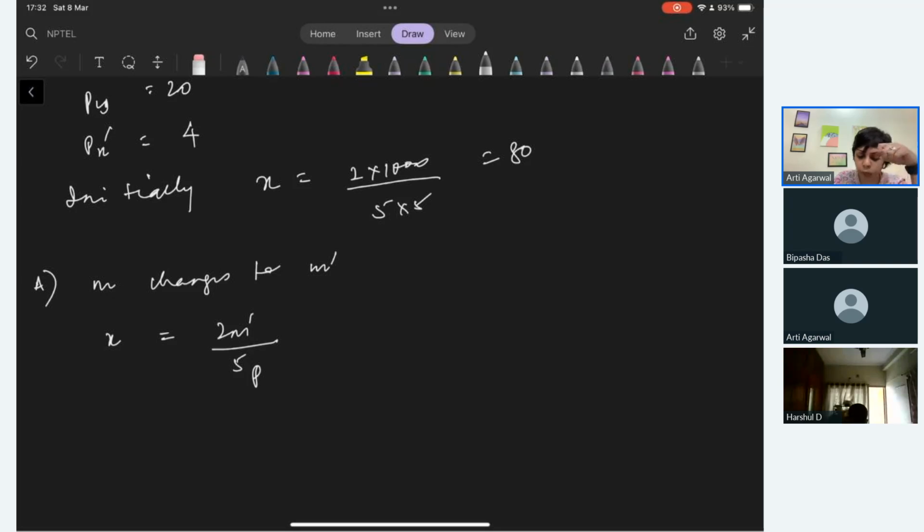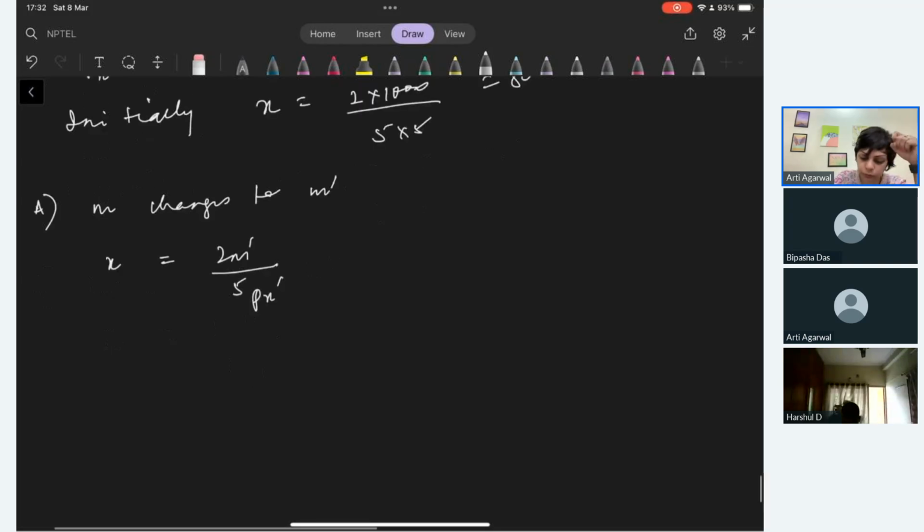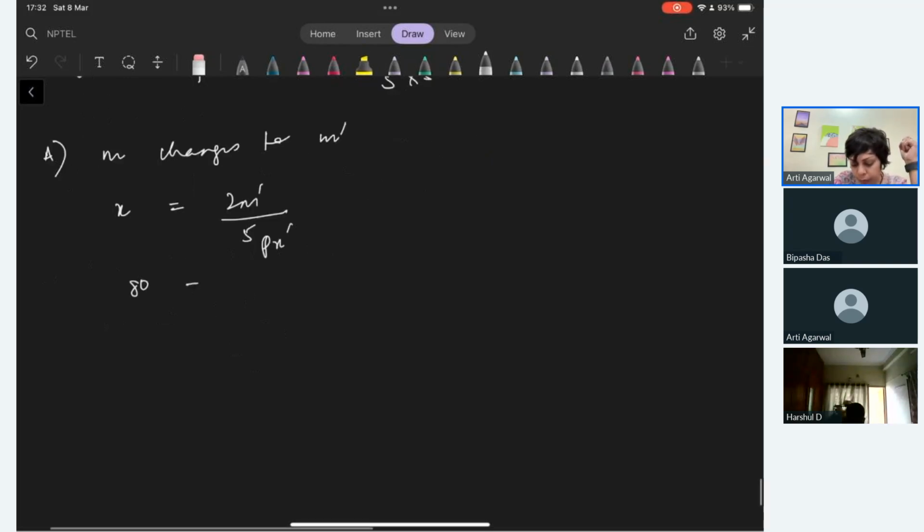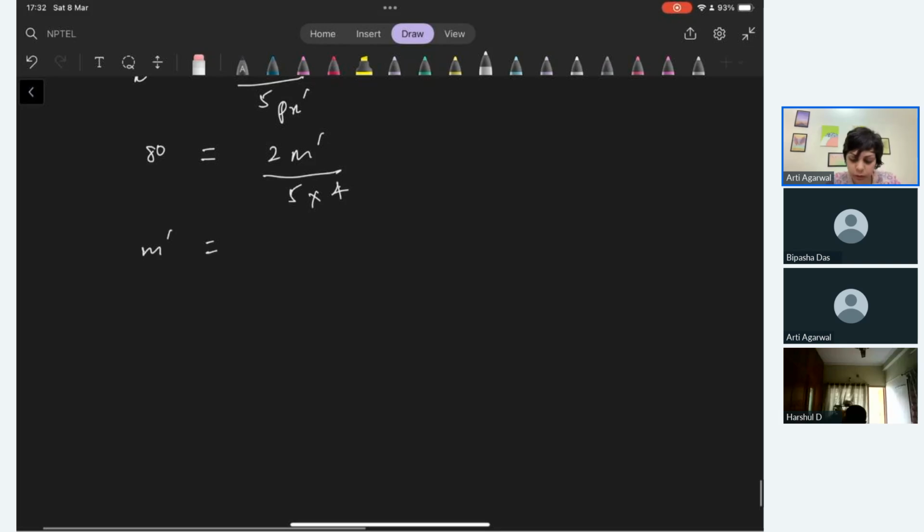So X we know, we calculated this, 80. We plug in the value of 80 here, 2M prime by 5 into 4. Just solve for M prime. This is 80 into 5 into 4, 20. This is 1600 by 2. Or let me write this.